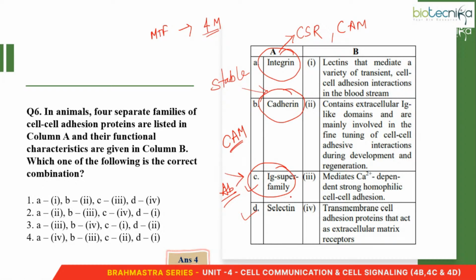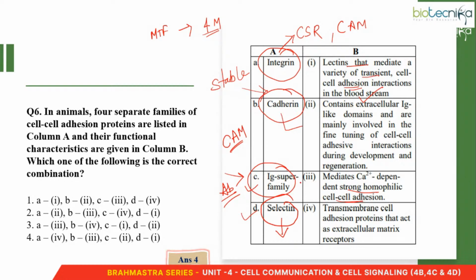Always remember selectins use carbohydrate as their ligand. So they are lectins that can mediate transient cellular interaction specifically in the bloodstream. Cadherins, as I told you, are important cell adhesion molecules as they form stable junctions via strong homophilic interaction. Homophilic means the same molecule will be interacting.